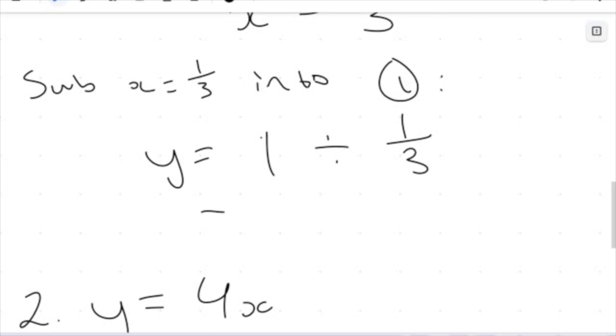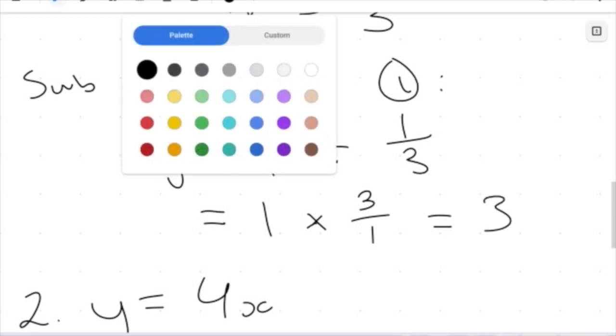And remember, when we divide a number by a fraction, that's the same as multiplying by its reciprocal. I've talked about this at length before. Now, this gives us 1 times 3 over 1, or 1 times 3, which just gives me 3.